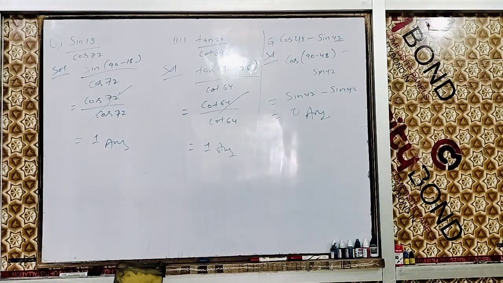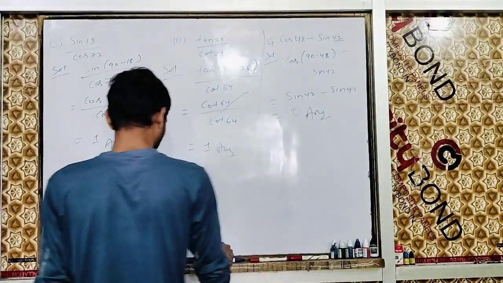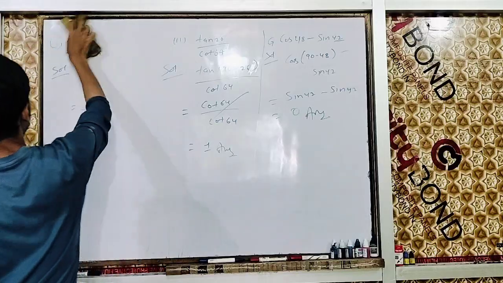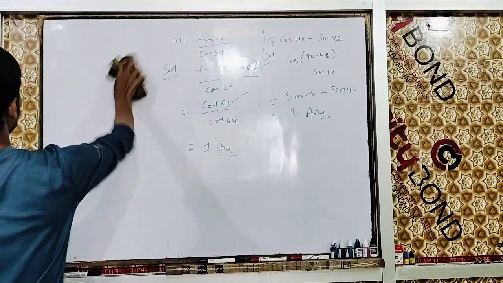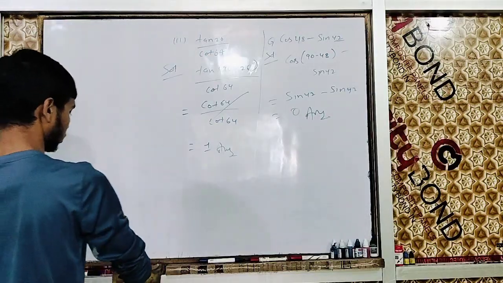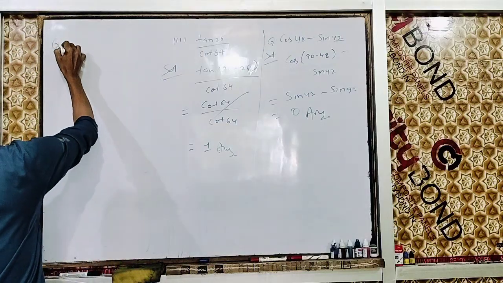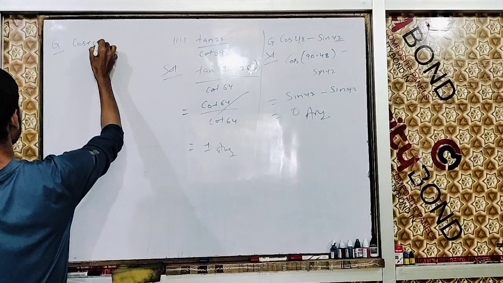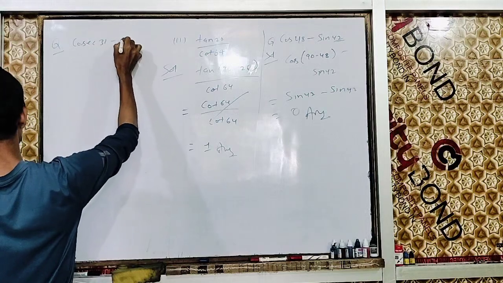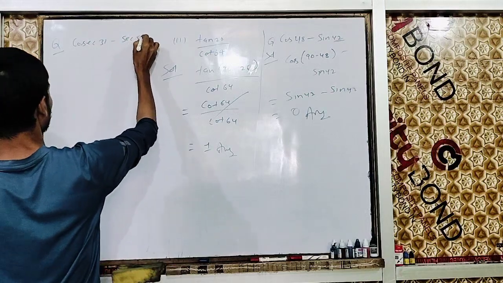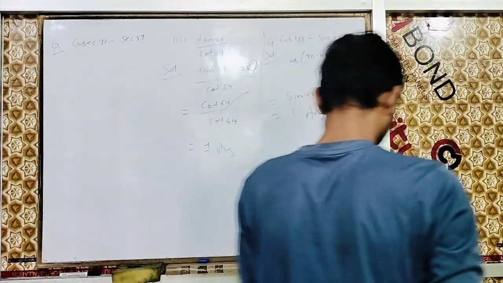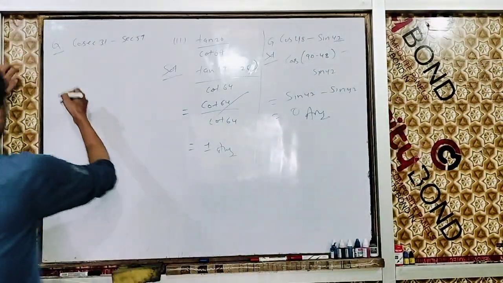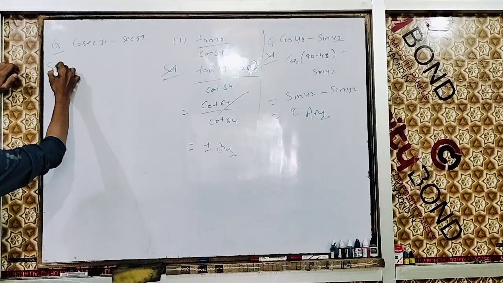Now next, one more question I would like to take. Cosec 31 minus sec 59. Let's solve it together so that you cannot face any kind of challenges.